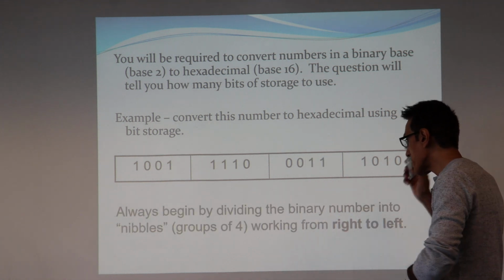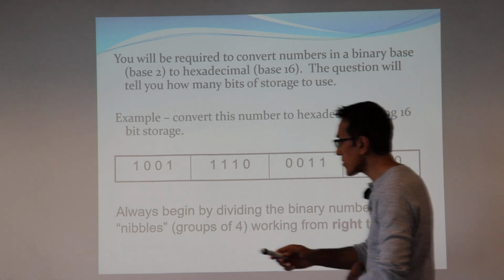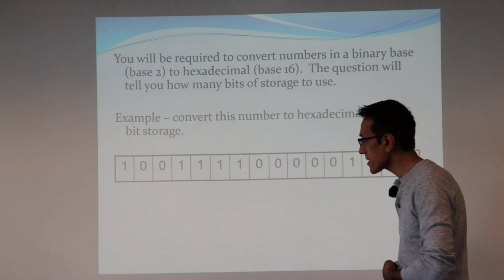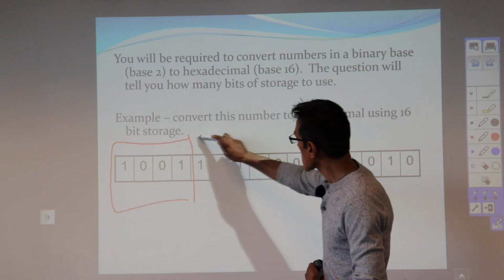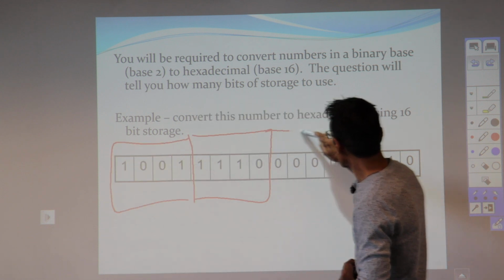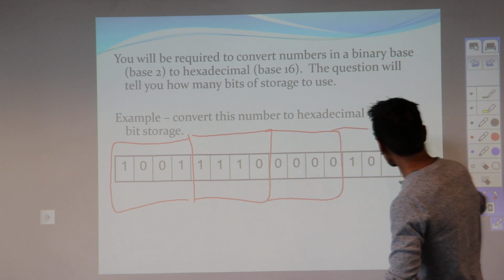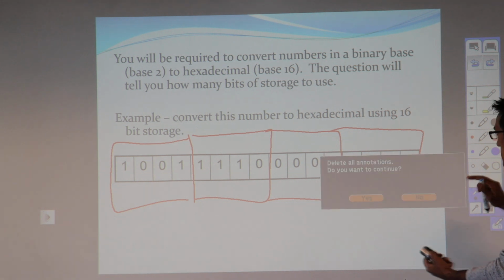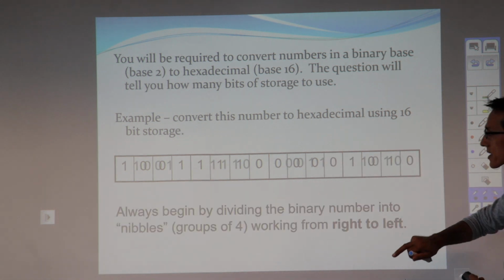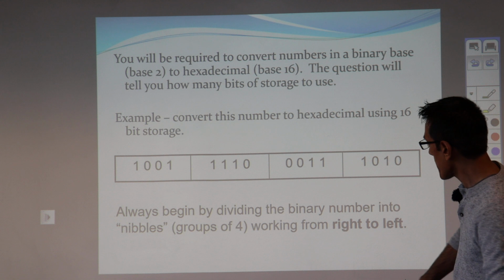We divide this binary number up into groups of 4. You see what happened? Groups of 4 bits. That's our 4-bit sections.